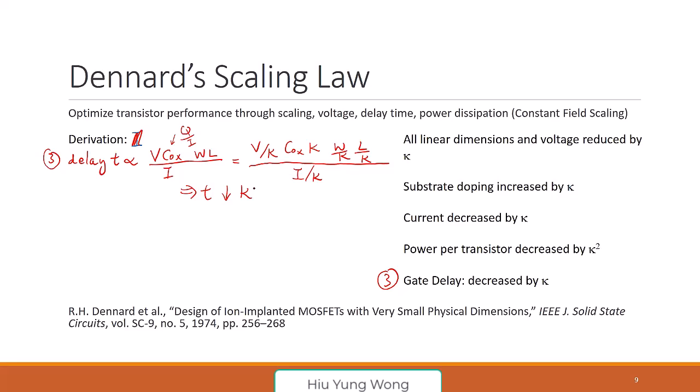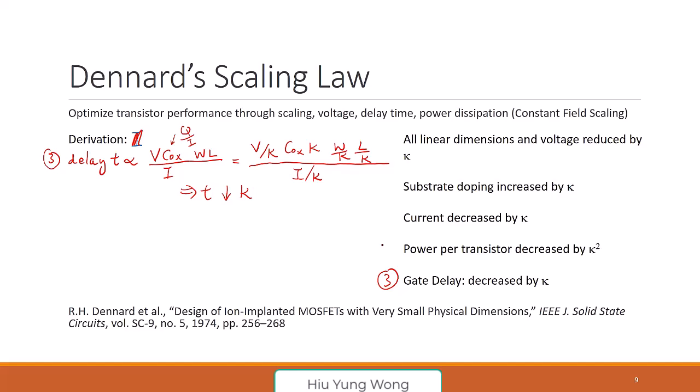You just cancel that. So it means that if I follow the Dennard scaling rule, if I reduce the transistor size by half, I can increase my clock rate by double. Any questions? Any question about this?